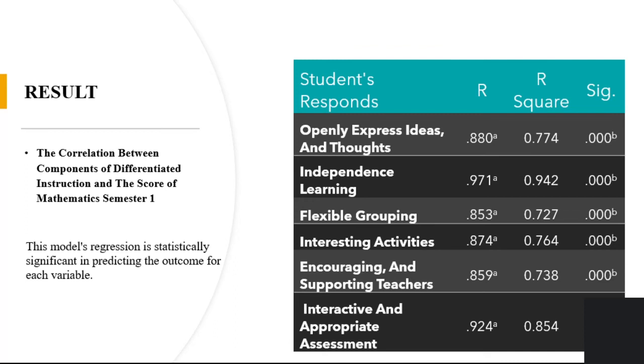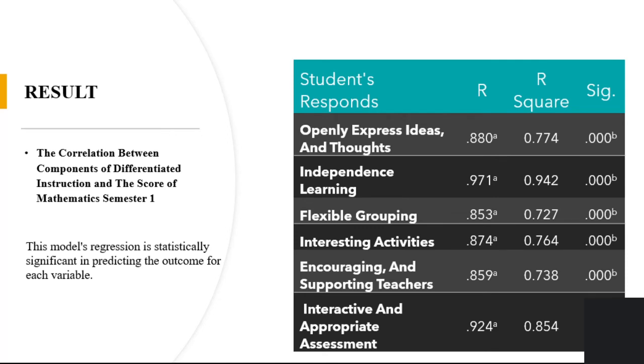This table summarizes the value of R and R squared as well as their associated significance level. The value of R reflects the degree of correlation between these 2 variables: each component of differentiated instruction and the mathematics score for semester 1, which demonstrates the student's mastery of the mathematical thinking process.